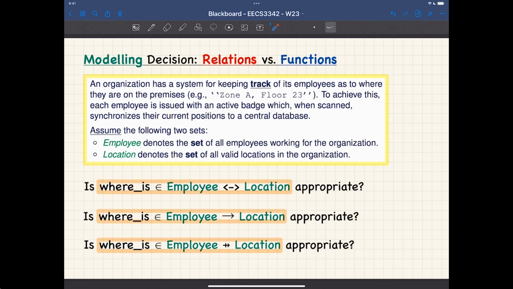You got some answer? Yeah, sure. Should be a partial function. Let's start slowly, okay? Yeah, no problem. So, why don't we start, I'm pretty sure you know why the other 2 are not really the case, right? Why don't we start with just relation? Why is relation not an appropriate choice for this?